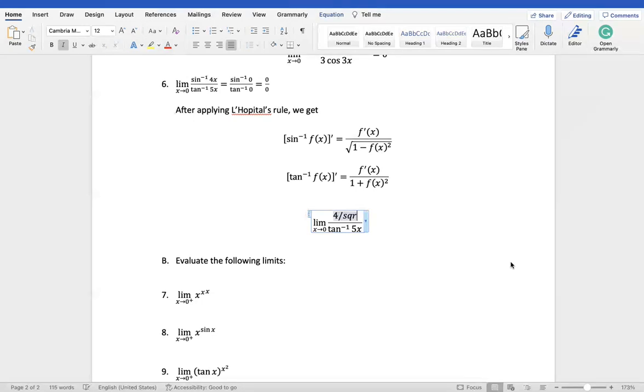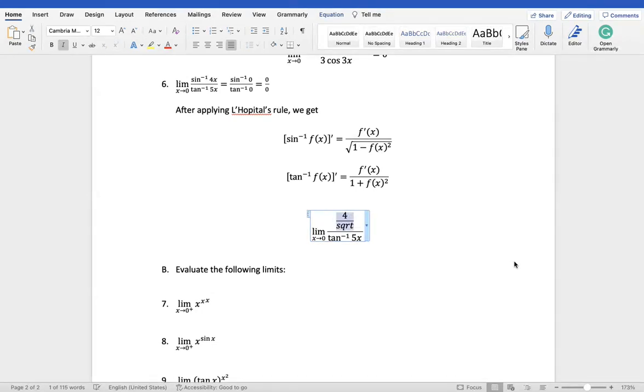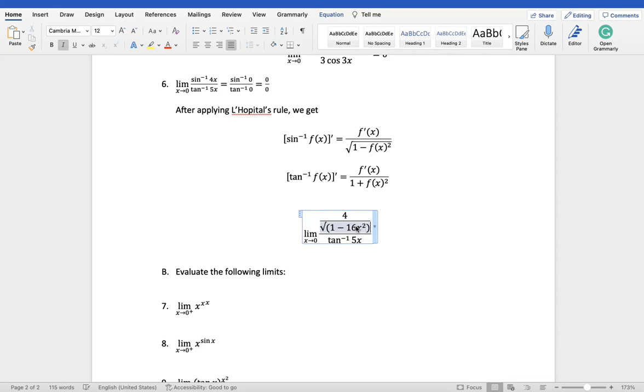Oh, okay, sorry, I didn't hear correctly. Okay. So 4 divided by the root of 1 minus 16x squared. Now apply the same logic to, does everyone agree first? Okay, no one is saying anything, so I'm assuming you agree.